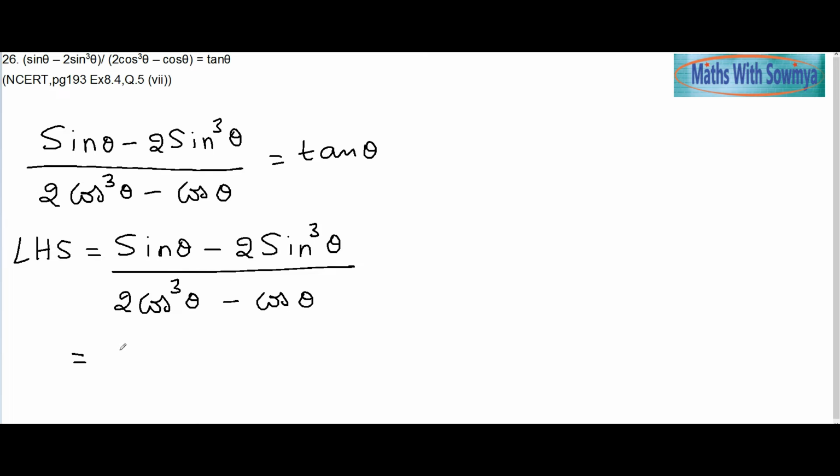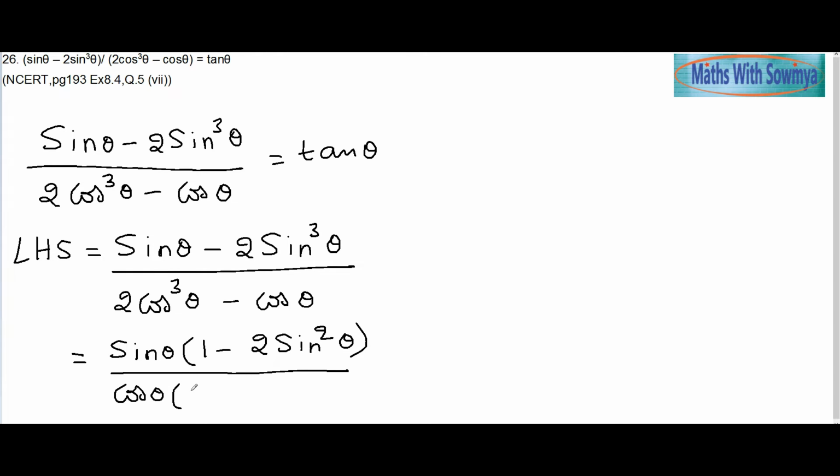We can take the sin theta common here. Sin theta will give us 1 minus 2 sin square theta divided by, here cos theta common, 2 cos square theta minus 1.